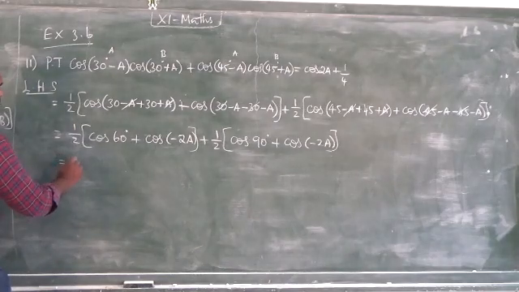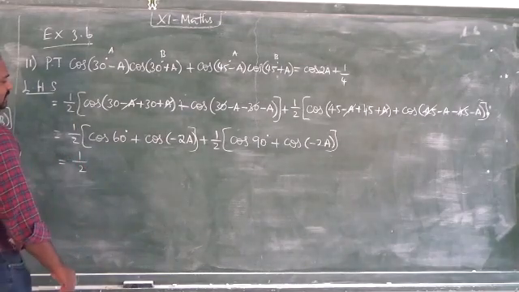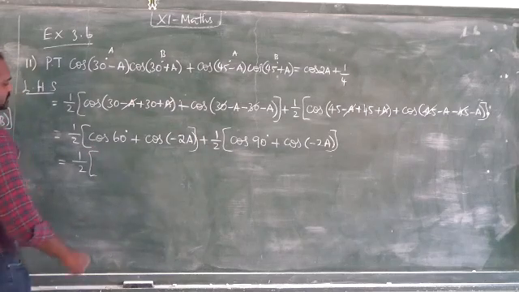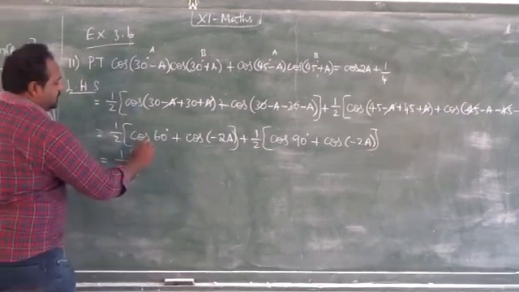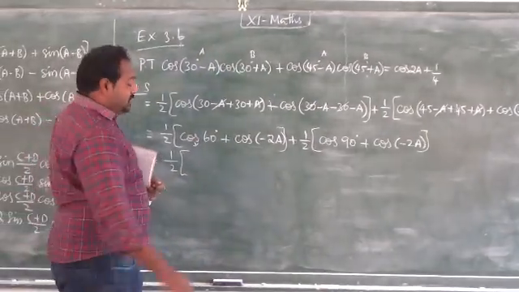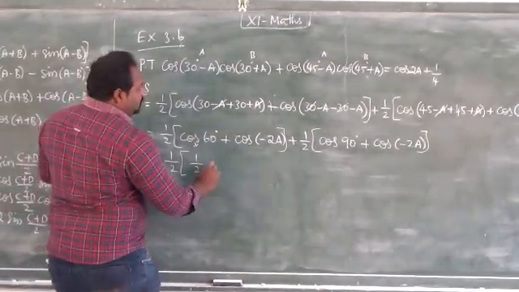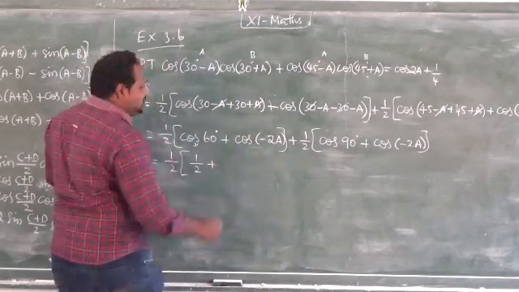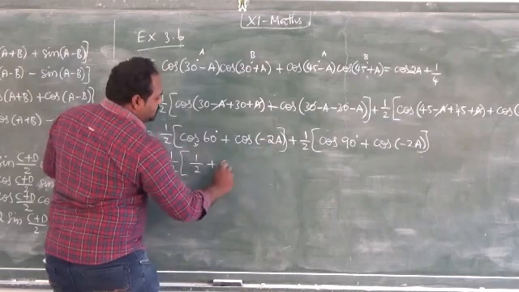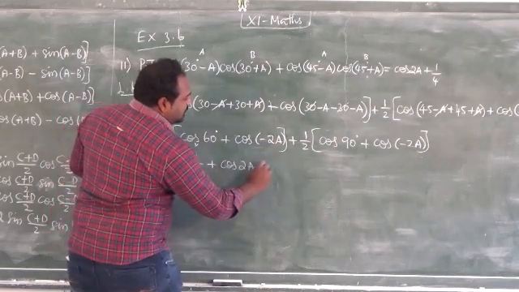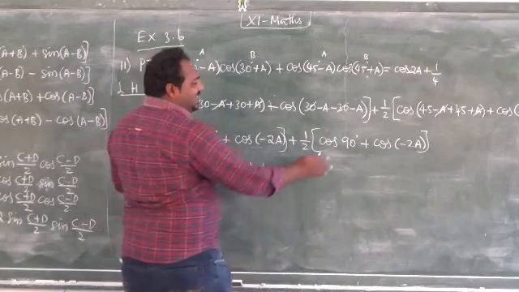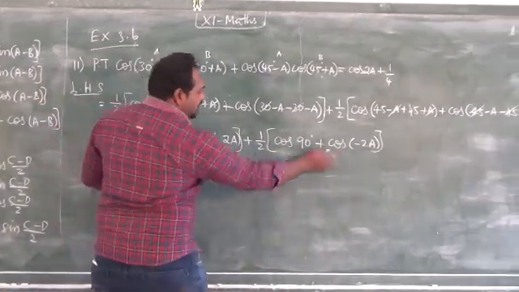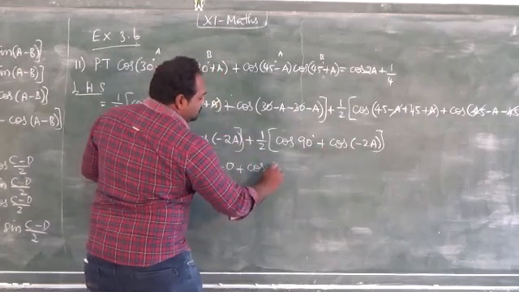Now we can take 1/2 commonly outside. Here the cos 60° value is 1/2, plus cos of minus theta is always cos theta, so it becomes positive: cos 2A, plus cos 90° whose value is 0, plus cos(−2A), which is cos 2A.